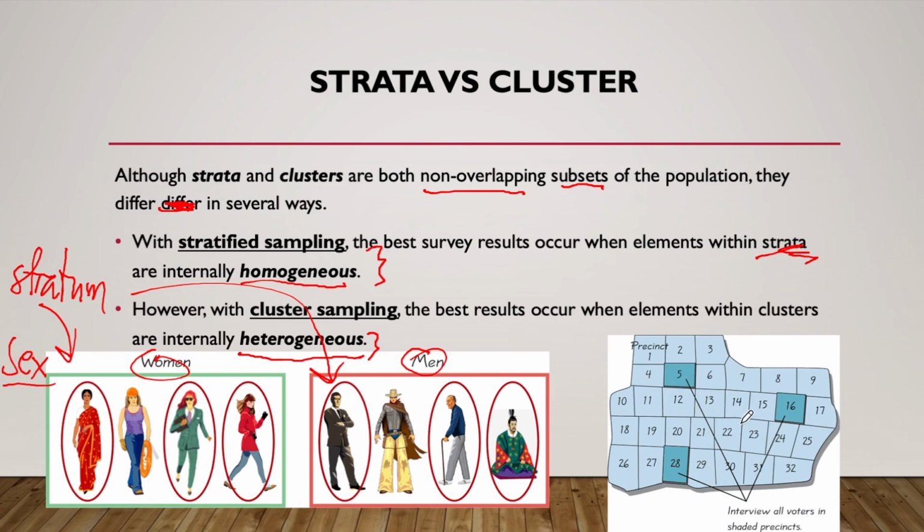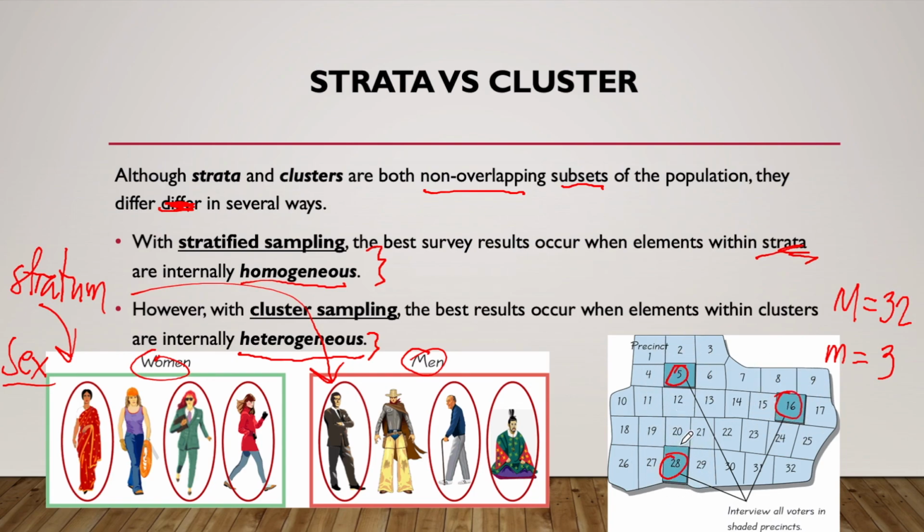For instance, here is a map, I don't know what place this is, United States, I think. So we have here how many? 32. Our big M is 32. There are 32 clusters, and we are only to choose 3. We are doing this because we are sure that each cluster is heterogeneous. So we chose cluster number 5, number 16, and number 28.